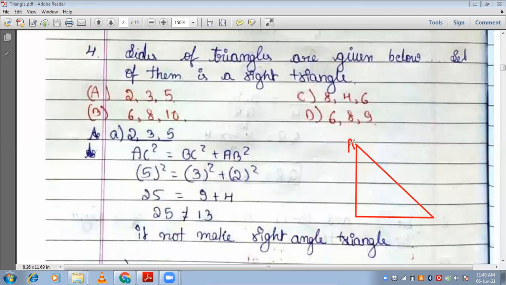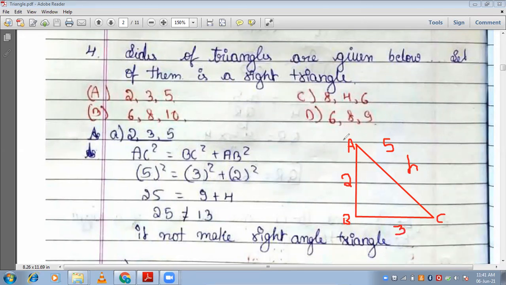So A, C, B. AC square is equal to BC square plus AB square, where AC is the hypotenuse side. Now I will take the first choice: 2, 3, 5. The biggest side is 5. The other ones are 2 and 3.